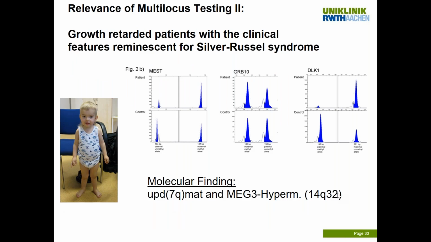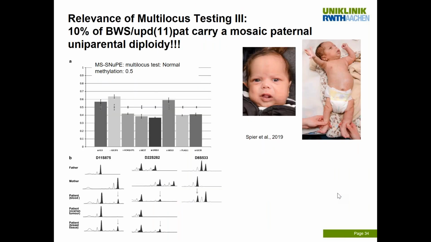I think I have already shown you this patient, so I will skip it. Another point for Beckwith-Wiedemann syndrome: some of you might know that UPD11 accounts for 20% of Beckwith-Wiedemann syndrome patients, and among these, 10% have a mosaic paternal uniparental diploidy, meaning a genome-wide uniparental disomy.